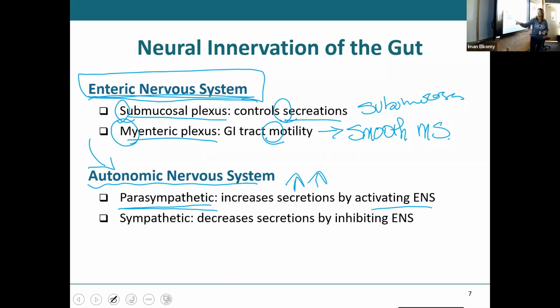The sympathetic was the opposite, right? That was fight or flight. You didn't need to be eating anything or digesting anything. So that is going to inhibit that enteric nervous system, decreasing all of the secretions and motility.